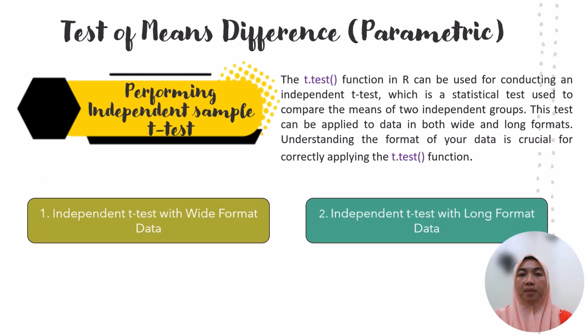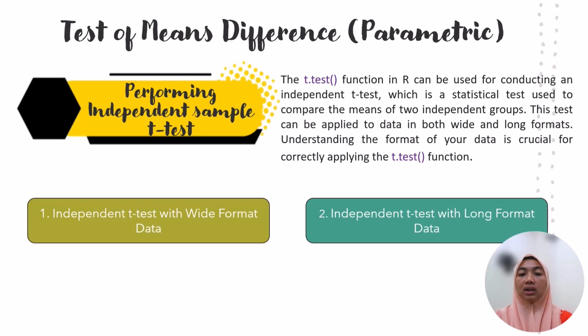Based on the previous lecture, we performed the normality test and met the requirement, so we can perform the independent sample t-test. Based on the R program, the R code or syntax for the independent sample t-test is the t.test function.